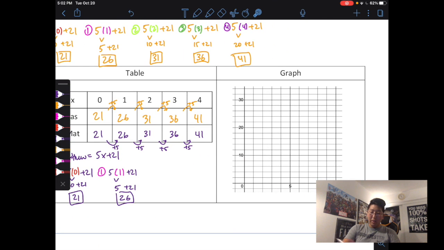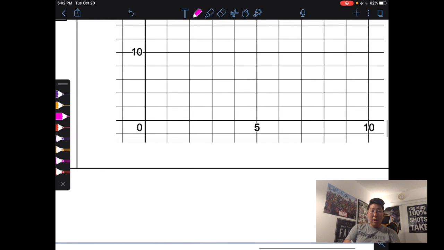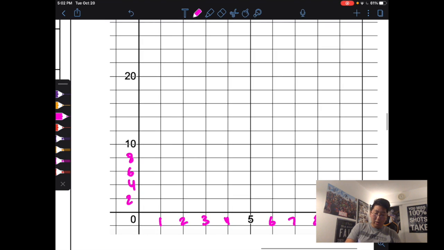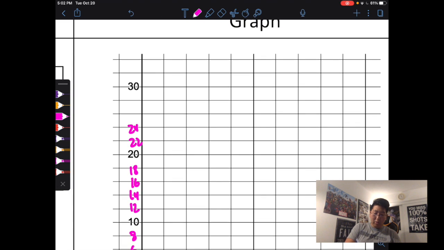All right? Go ahead and, what's it called? Scale your axes. That's what we call it. 1, 2, 3, 4, 5, 6, 7, 8, 9, 10. 2, 4, 6, 8, 10, 12, 14, 16, 18, 20, 22, 24, 26, 28, 30.